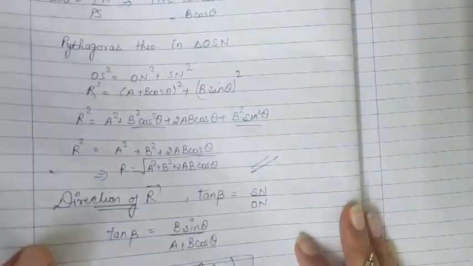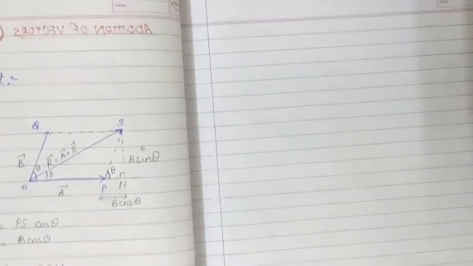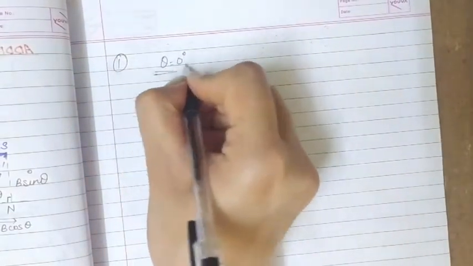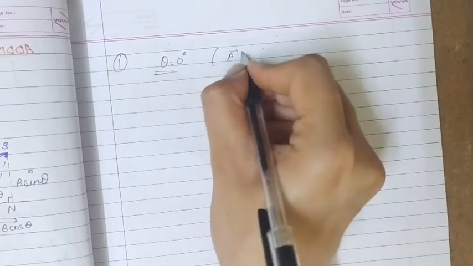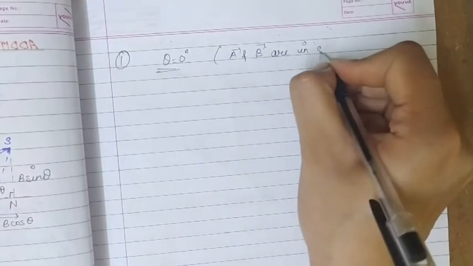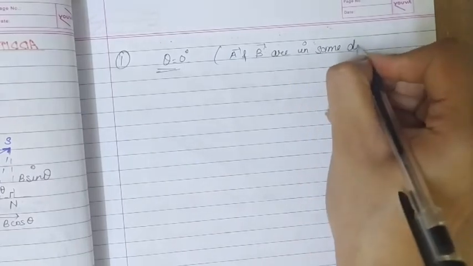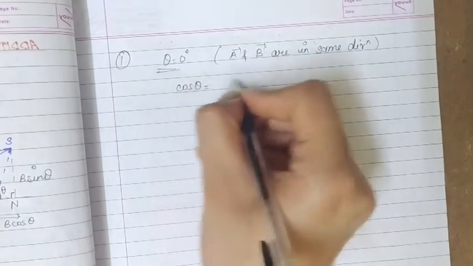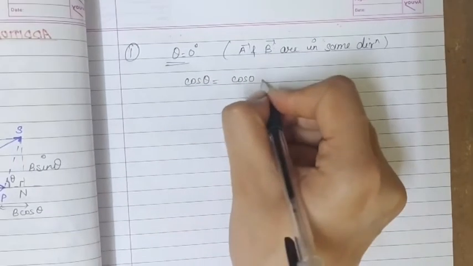Case 1 is when the two vectors are along same direction. So first special case is when theta is equal to 0 degree, and that means A vector and B vector are in same direction. If the situation is like that, then the value of cos theta will be cos 0, which is 1.